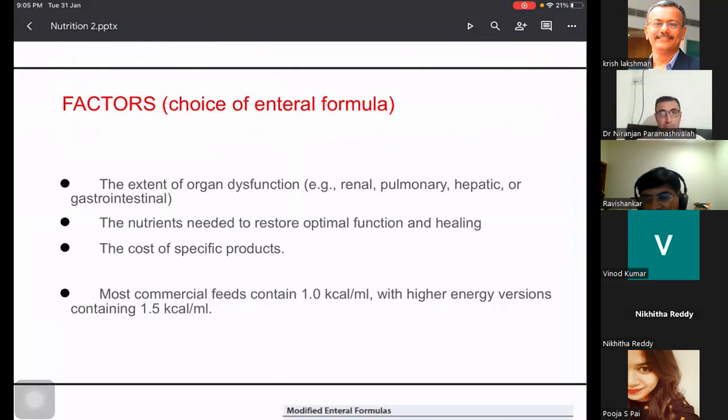If you are using the upper GI tract, you can give a semi-elemental diet, but if you are using the mid and lower GIT, then you may have to go for a purely elemental diet. These are things to be considered before you choose the enteral formula.